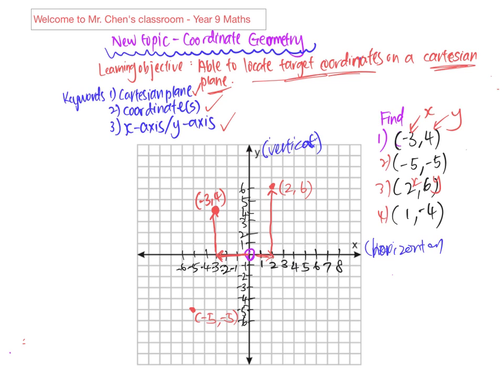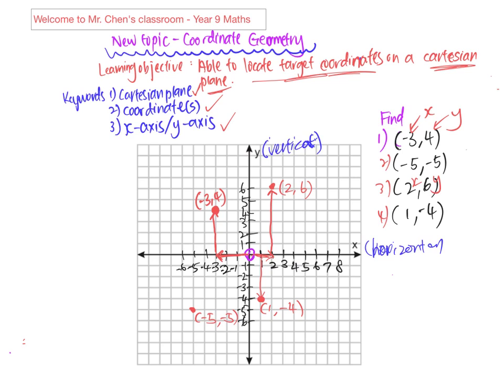And the last one is 1 and negative 4, so 1 is going to the right, and then negative 4 is going down 4 grids from the origin, so it will be right here, 1 and negative 4. So there you go. That is how you locate your target coordinates on the Cartesian plane.